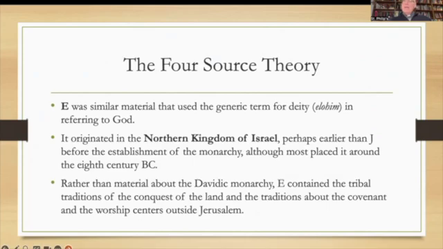And different focus. So rather than a lot of support of the Davidic monarchy, what E is writing about is the older traditions of the conquest of the land by the 12 tribes of Israel, and really a focus about the covenant and a mention of places like the hills, the high places in the northern kingdom where people were worshiping, not in the temple, but in these other places.